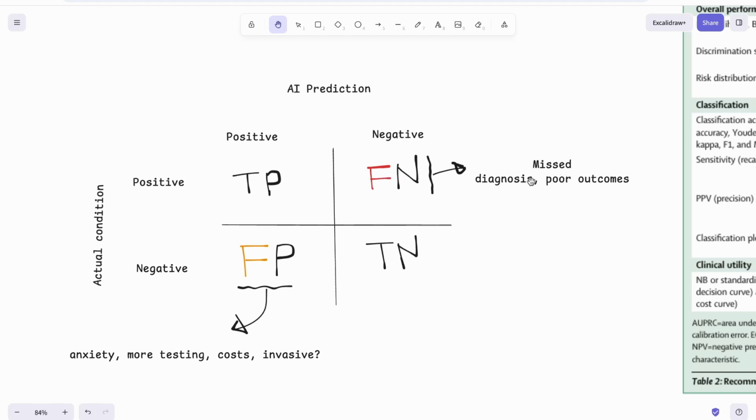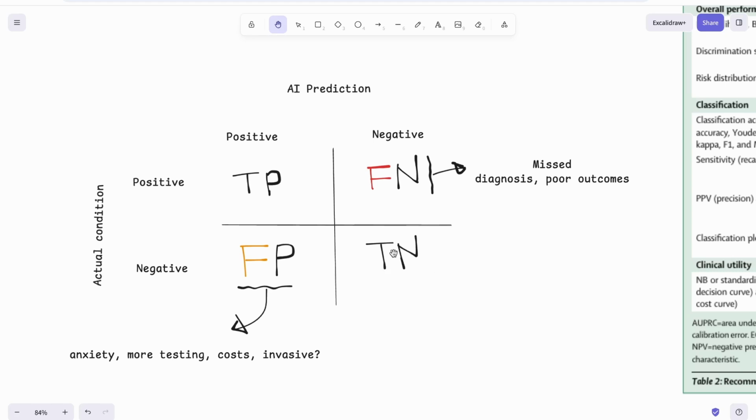So it is a misdiagnosis leading to poor outcomes. And then if the patient did not have the disease, was negative, but the AI says the patient has the disease, positive, this is a false positive, and this leads to more testing, more costs, and invasiveness. And if it is negative and negative, so if the patient does not have the disease and the model accurately detects that the patient does not have the disease, then this is a true negative.